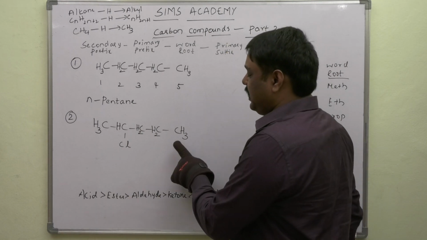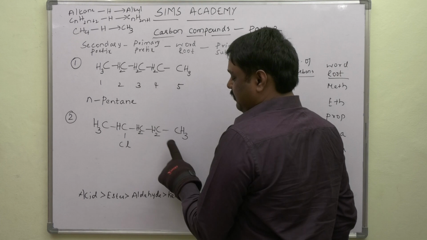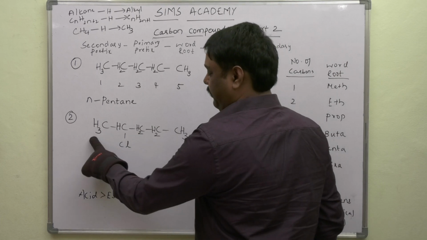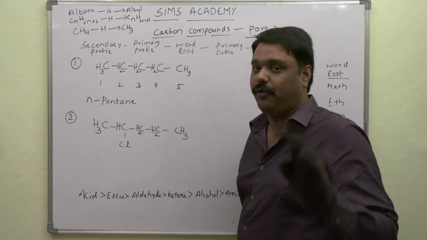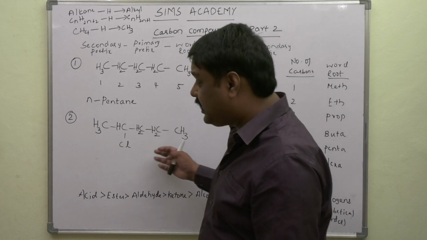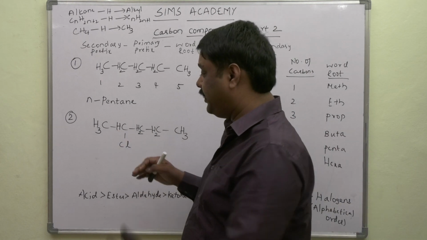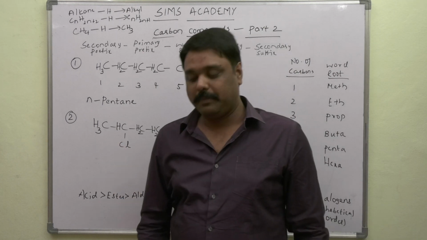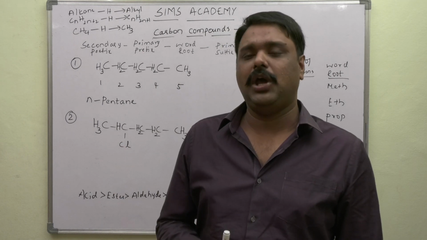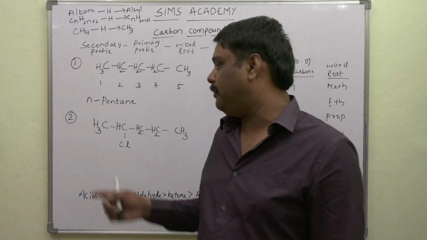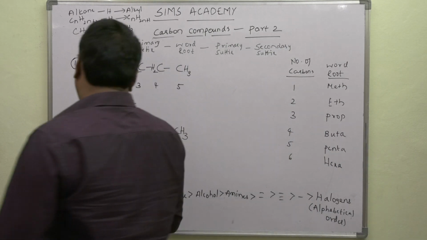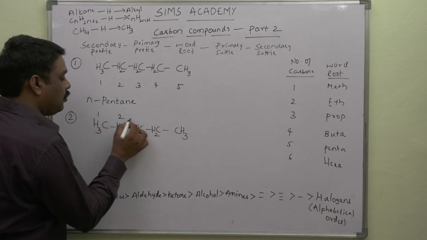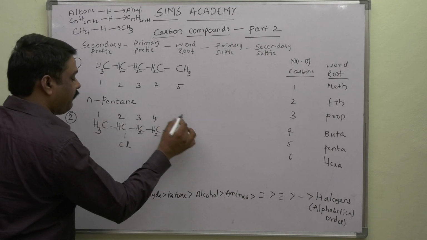If we give the numbering from right to left, 1, 2, 3, 4, 5, the chlorine atom gets the 4th number. But if we give from left to right, chlorine gets the 2nd number. That means chlorine is given priority when we give numbering from left to right. That means 1, 2, 3, 4, 5.